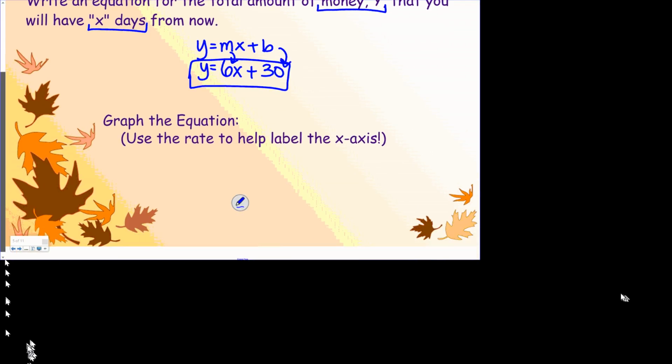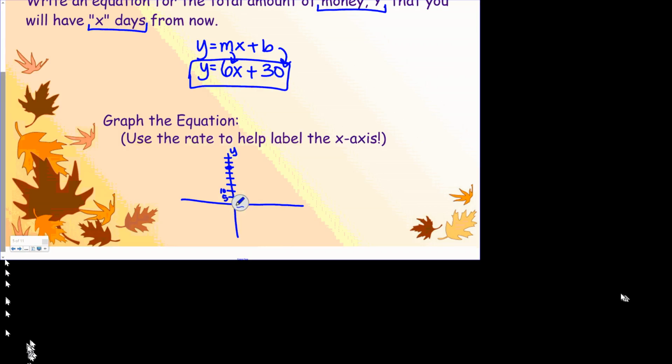Now, if we wanted to quickly graph it to get an idea of how this is going to be helpful to us, I could set up my grid. I'm going to count on the y-axis by 5s. And if you're going to count by something more than 1, it's important to label.